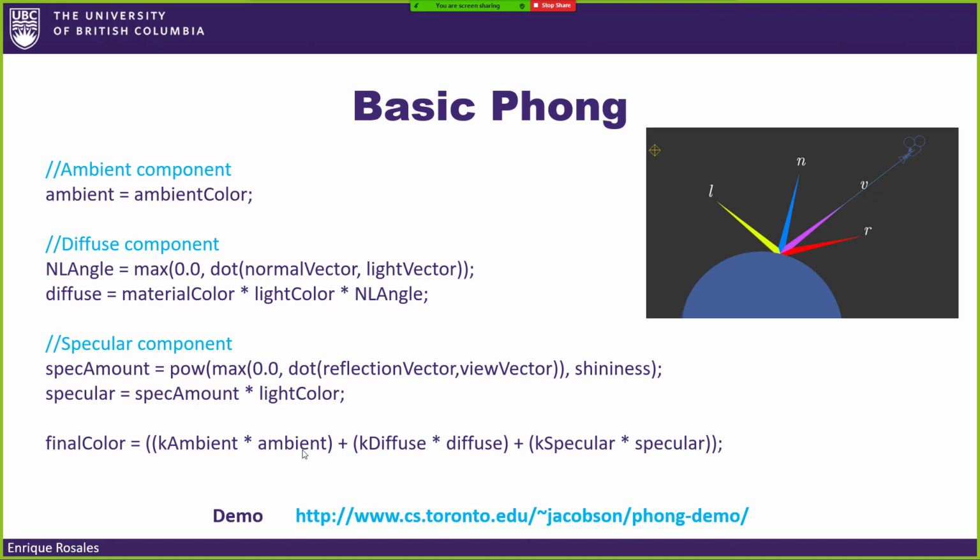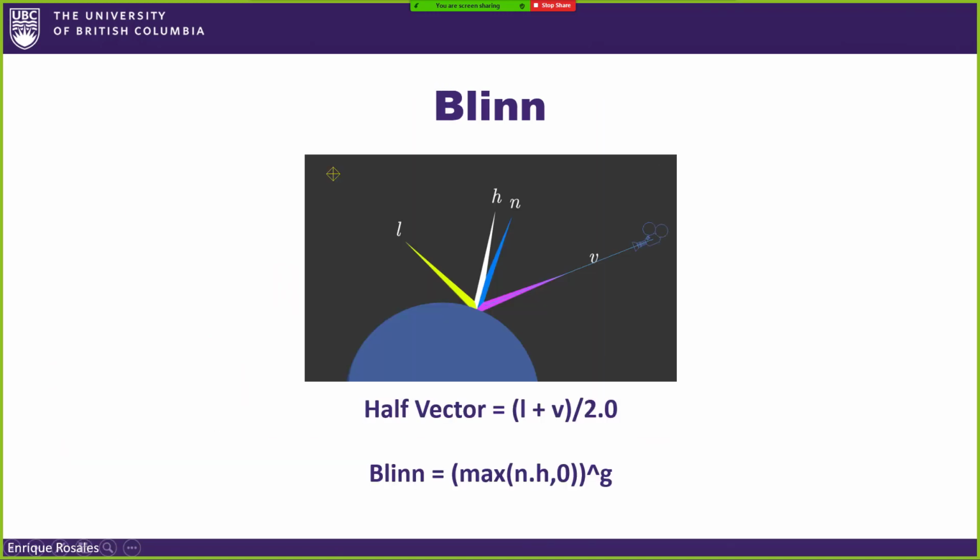Imagine you are inside a stadium, there are no walls in which the light could bounce. So sometimes we need to play with these weights to decrease or increase the contribution of any of these components.